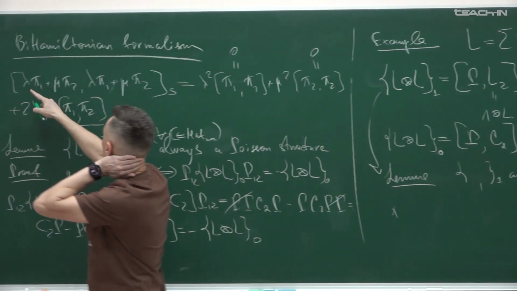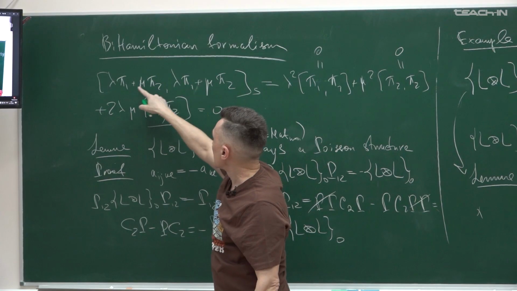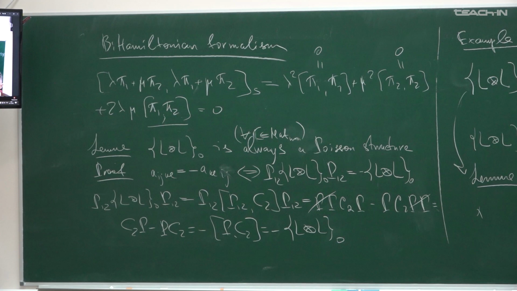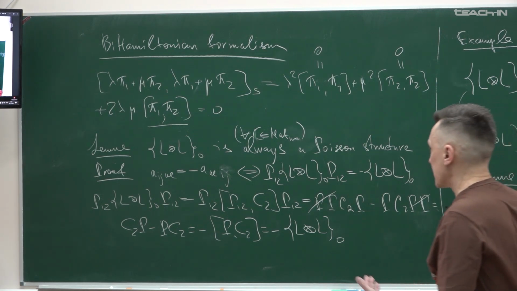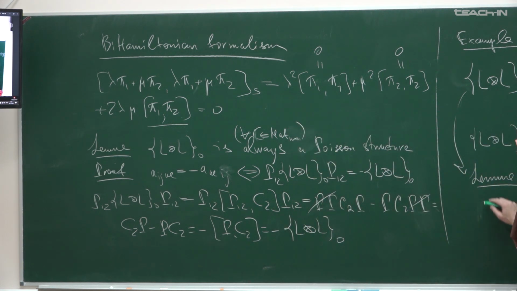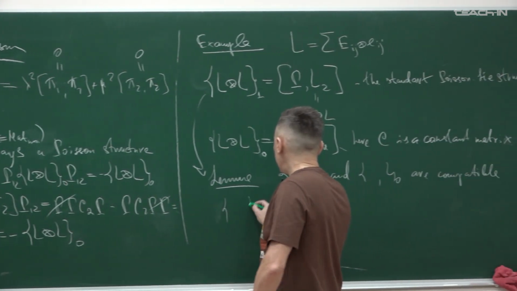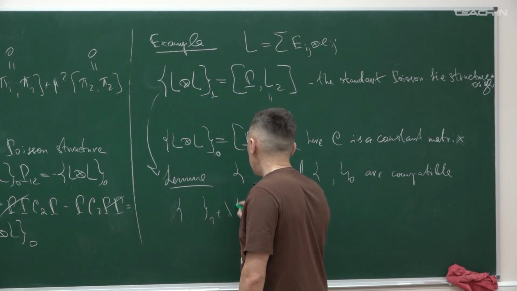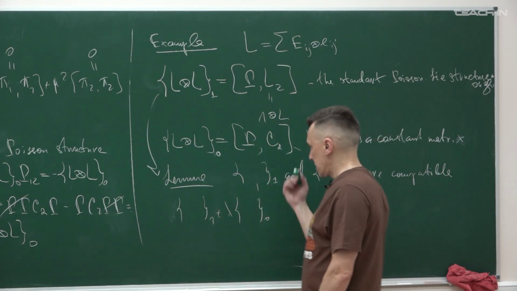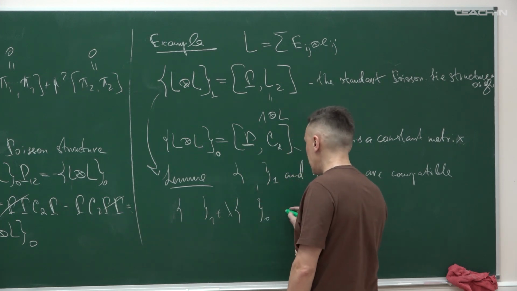So you see, in fact, in this combination of parameters, only the point of the projective line is important. So if we multiply a Poisson bivector by a constant, nothing changes. So it is principally the same. So I will demonstrate that L1 plus lambda L0 is also a Poisson bivector, a Poisson structure.